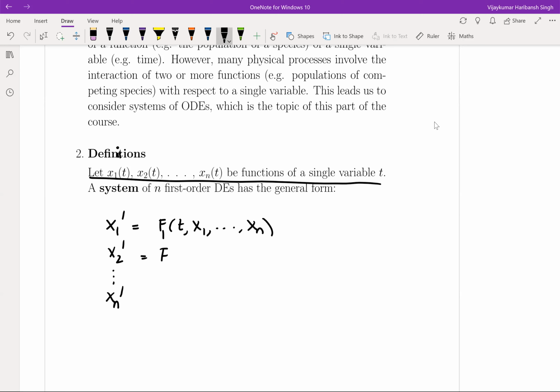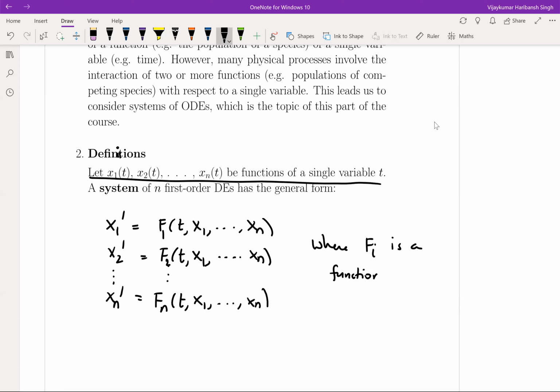Then x2 prime is related to the other variables as well, and xn prime, so dot dot dot, f2, fn of t, x1, ..., xn, where fi is a function of t, x1 all the way until xn.